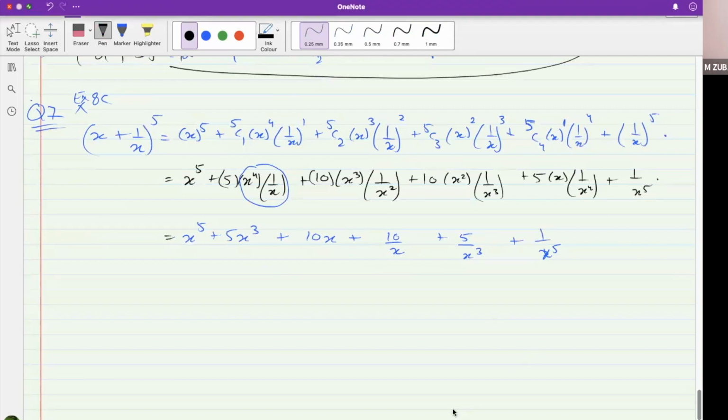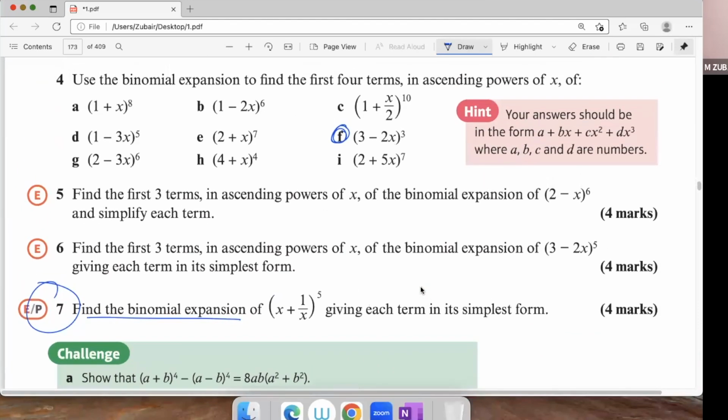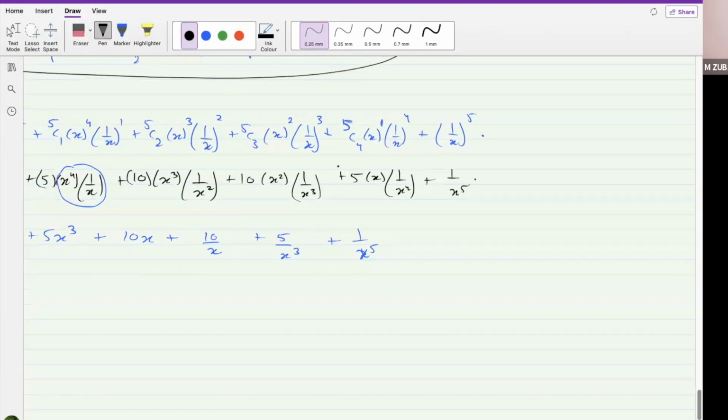Let's try one more question. Look at this question number 5. It says find first 3 terms in ascending power, and that is 2 minus x power 6. The questions will be easy.